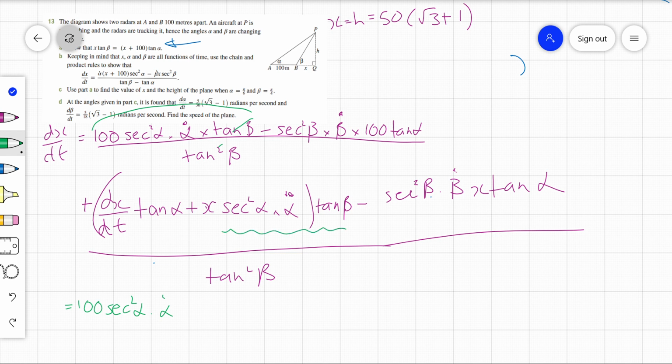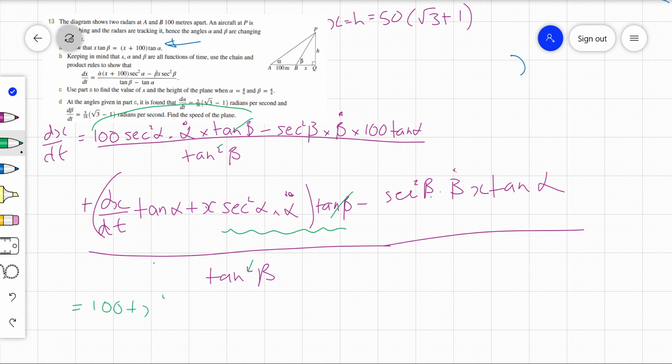If you think of this bit and that bit would cancel there, you would get plus x sec squared alpha. So it's the same thing, but it's 100, so I'm just going to write 100 plus x, lots of those. Can you see that?